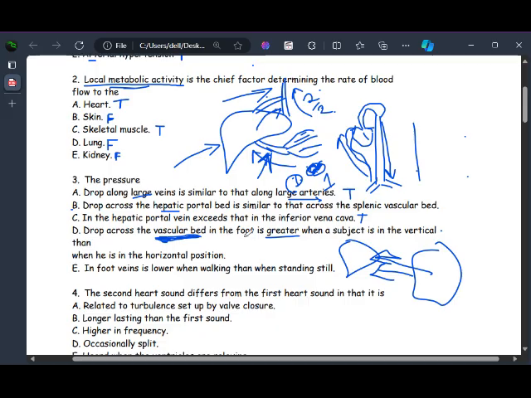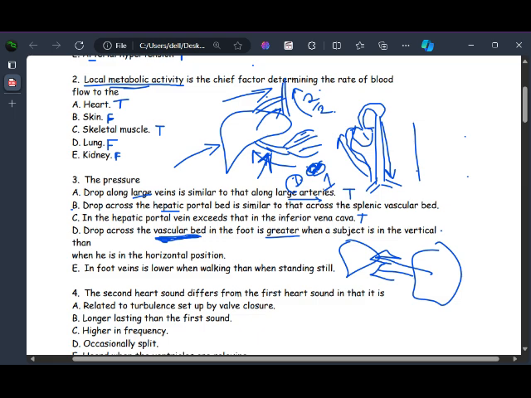So when you're standing, not only the vascular bed in the foot will be affected. The vascular bed across the entire body will be affected when you're in the vertical position or the lying down position.